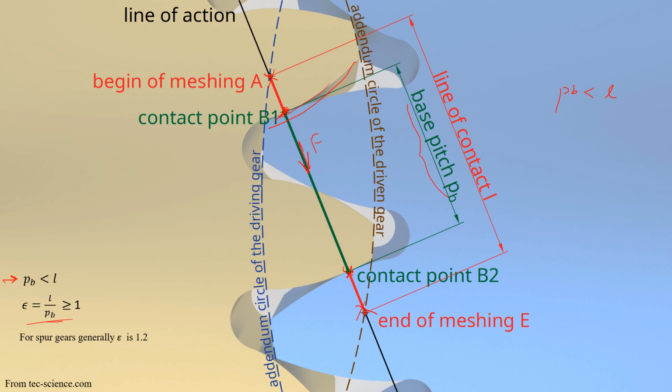And generally the rule is that epsilon should be L over PB, and that should be greater than or equal to 1. And for spur gears, epsilon is generally 1.2. So this is a rule of thumb, or a standard way of describing it, which means that L is a bit larger, or 20% larger, than the PB or the base pitch.